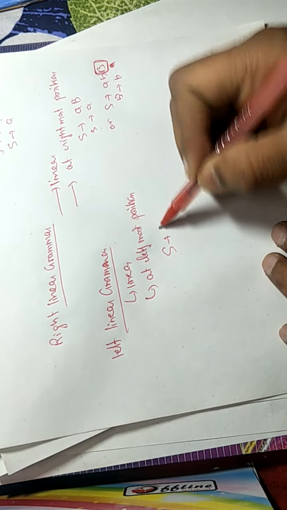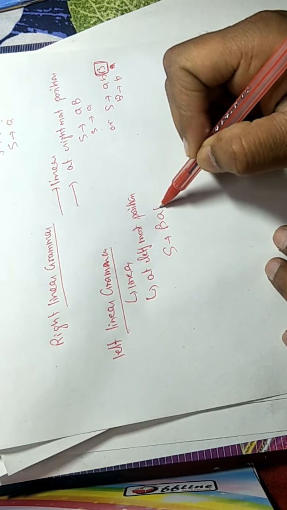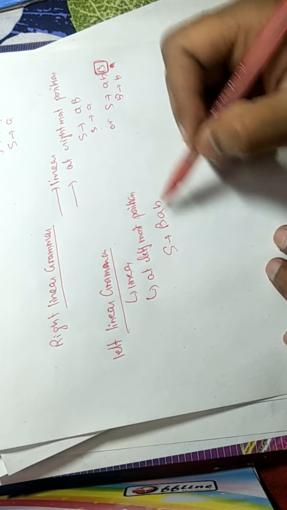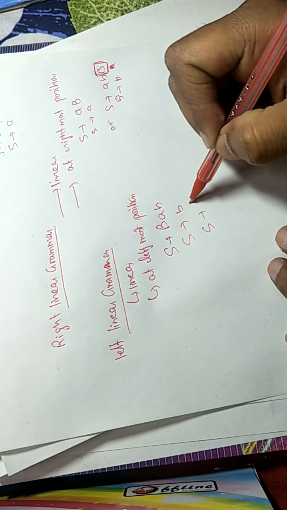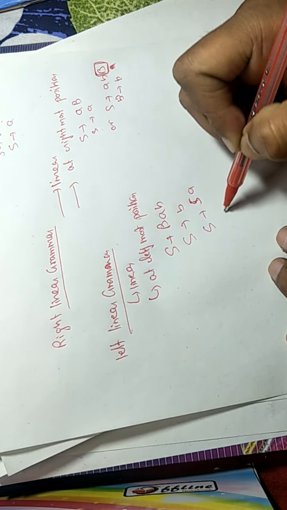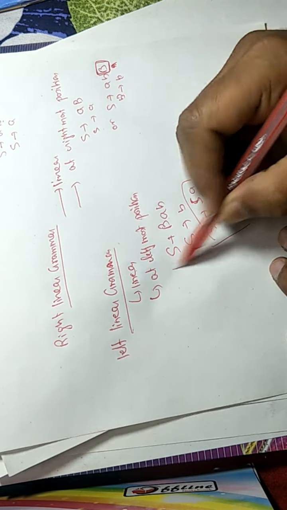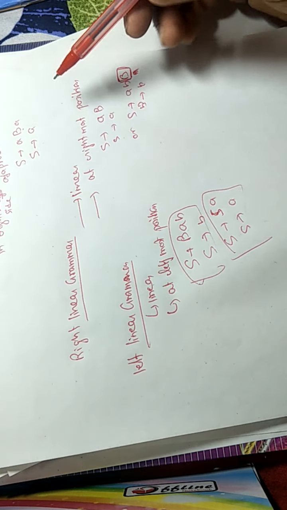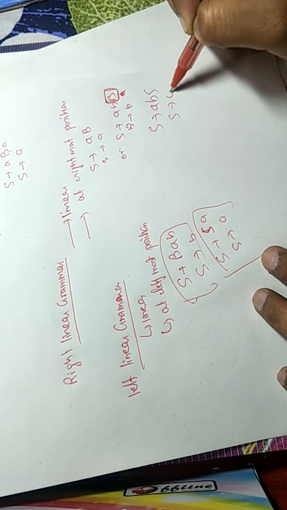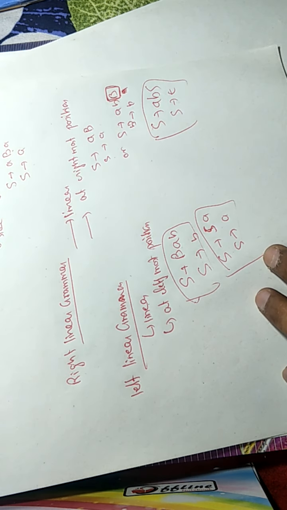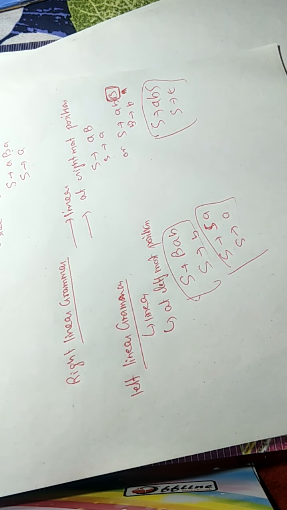So this is left linear, this is left linear, and S tends to aB, S tends to epsilon, it is a right linear, sorry.